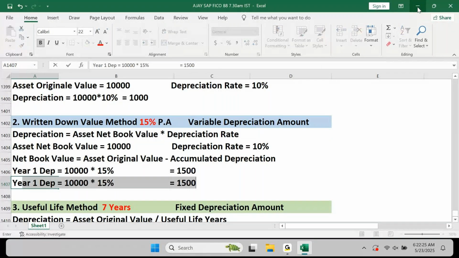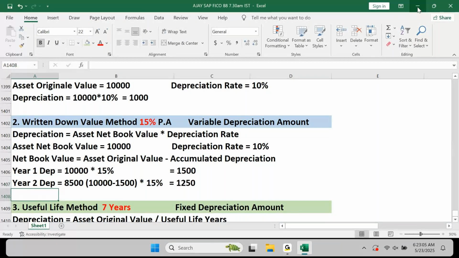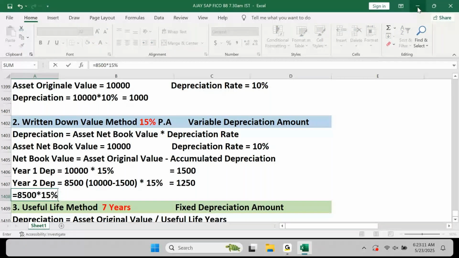Now if I have to put year 2 depreciation is equal to net book value 8,500. How is this 8,500 coming? This is 10,000 minus 1,500, into again 15%. This is how much? 8,500 into 15% is 1275.